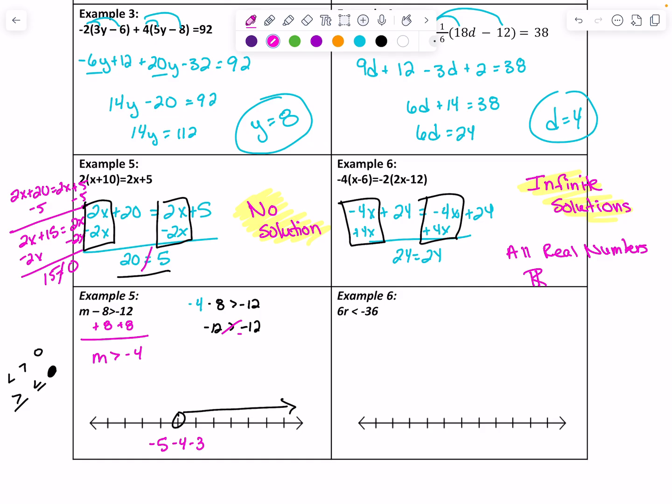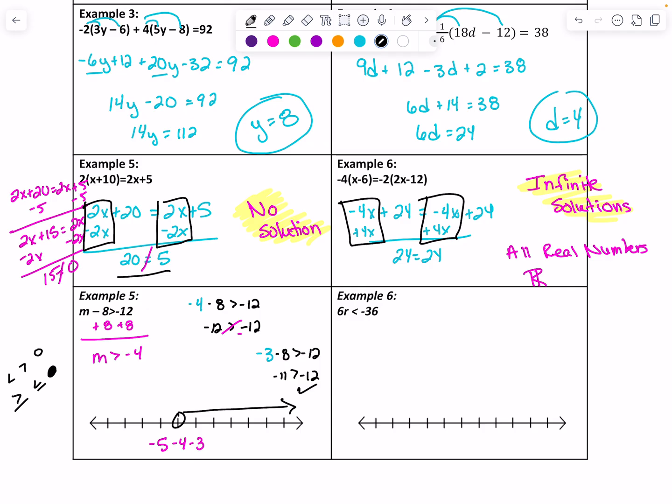This open circle says everything bigger than negative 4 would make a true math statement. So if I plugged in a negative 3, negative 11 is greater than negative 12, so that is a true math statement. I could plug in 0, negative 8 is greater than negative 12. Those were all true math statements, but negative 4 did not make a true math statement, so that's why it's an open circle on negative 4, because negative 12 is not greater than negative 12.